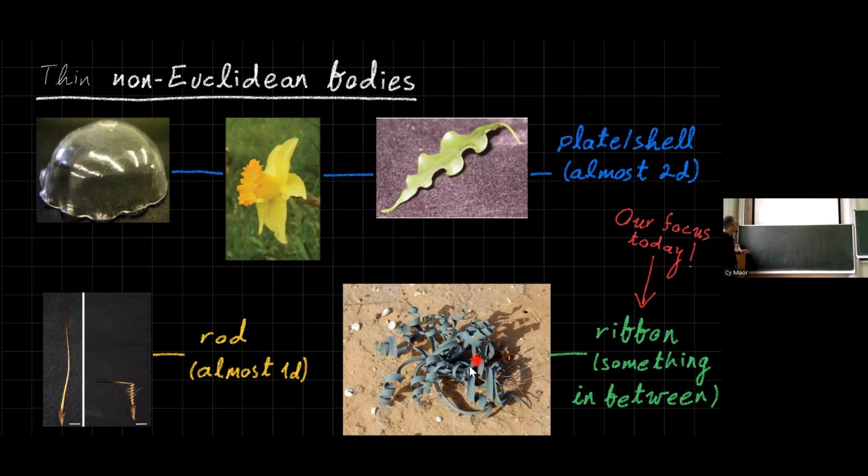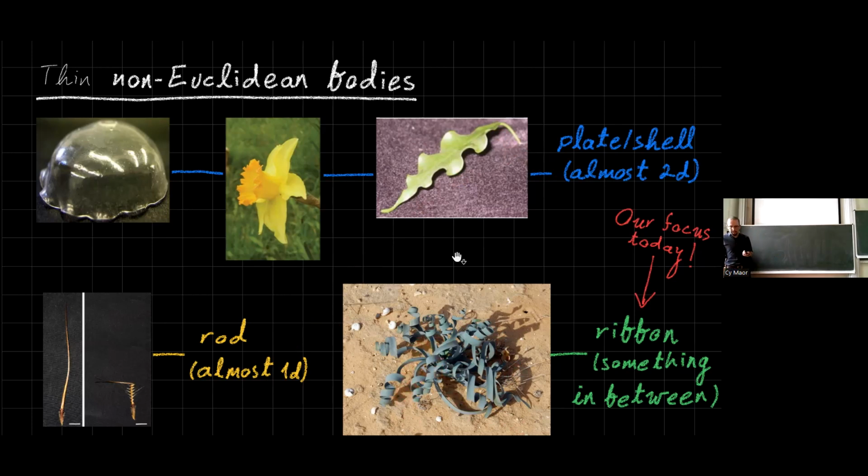And this picture is a plant that is common in the Israeli desert, and in Hebrew it's called Chavatzelet HaNegev. In Latin it has a much longer name, but you can see this ribbon-like thing.